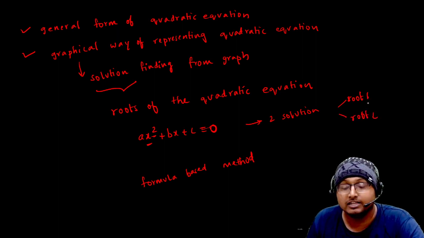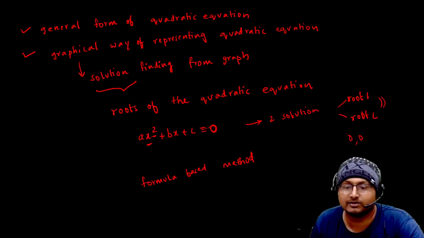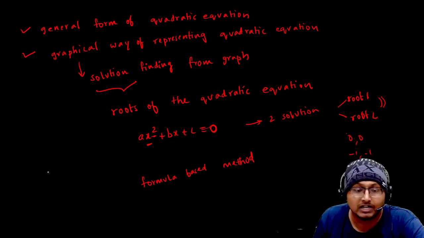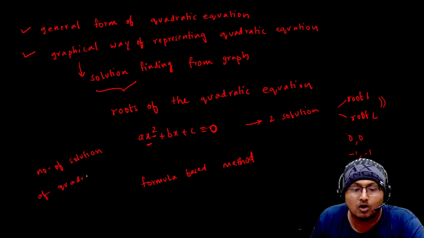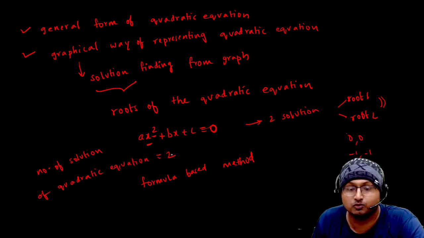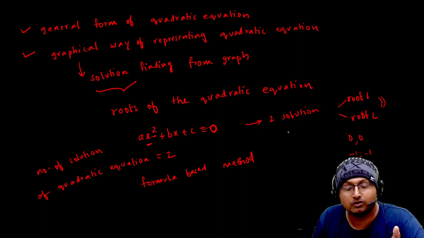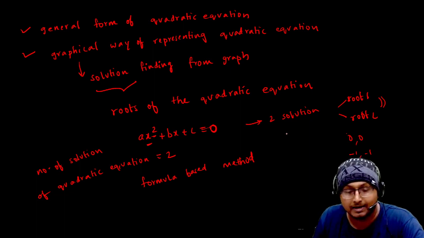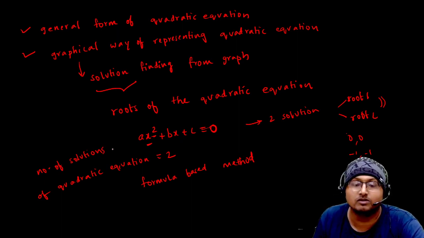It may be possible that root 1 is equal to root 2, like 0, 0 may be a solution, or minus 1, minus 1 can also be a solution. But the number of solutions of a quadratic equation must be 2.